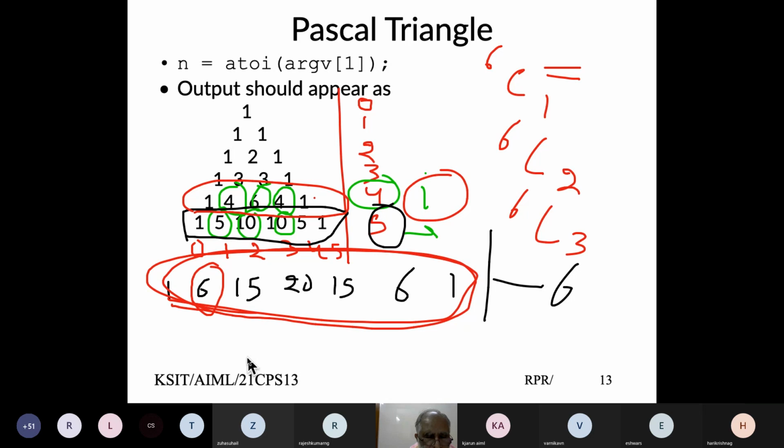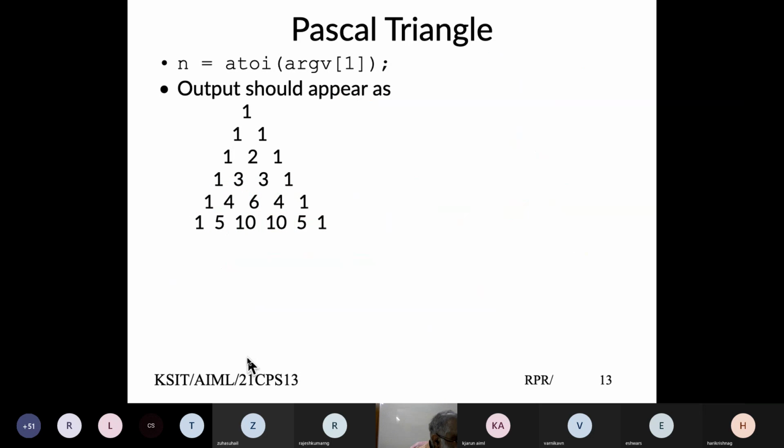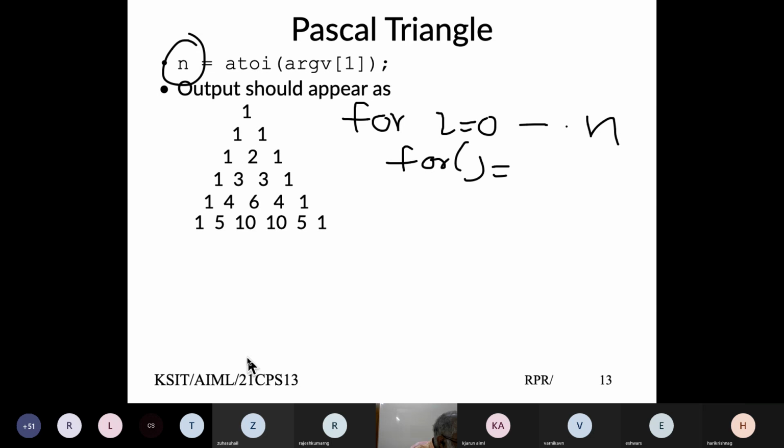Yes, sir. So that means if you look at my logical program, I should have one for loop which will run for i equal to 0 to n, whatever n I have taken. My second for loop is inside, with a different variable.